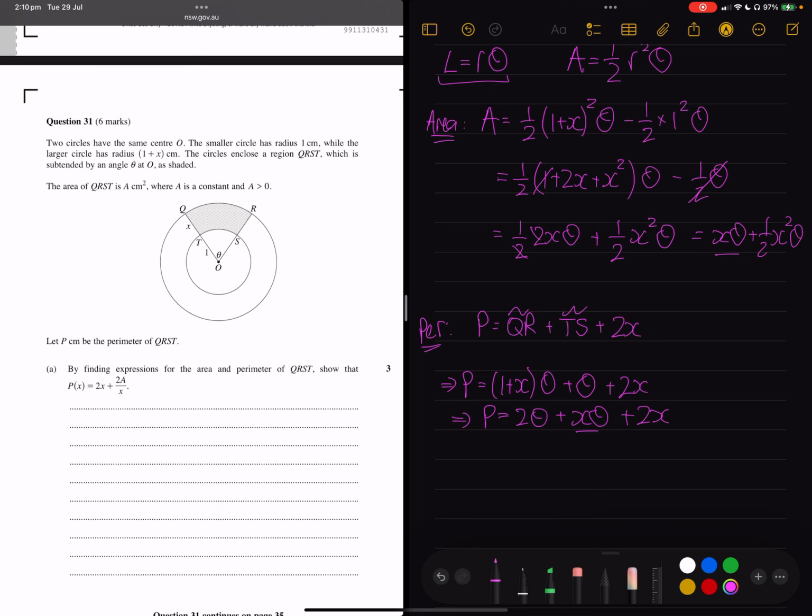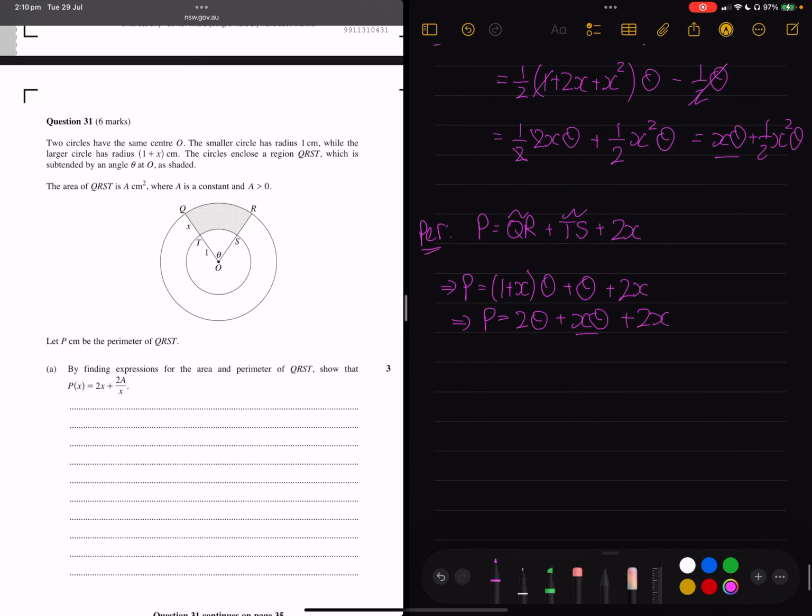Now we have an x theta here, we have an x theta here. This is the kind of thing we're looking for to confirm that our working makes sense, because most of the time we're doing substitutions to get rid of one thing and factor in something else. So now we need to show, using these formulas, that the perimeter is equal to 2x plus 2 times the area on x. Well, the perimeter formula already has a 2x in it at the end, so we'll put this at the beginning: 2x plus bracket 2 theta plus x theta. We just need to show that this is equal to 2 times the area on x.